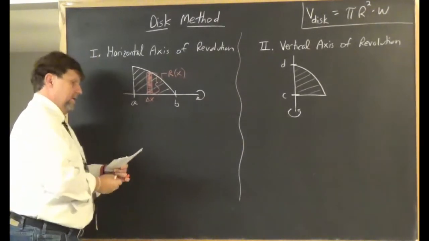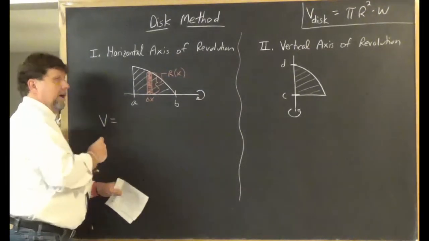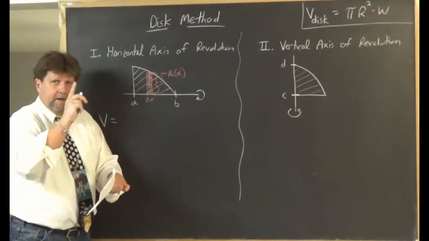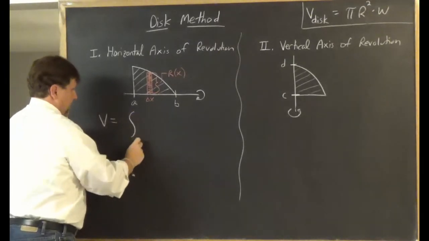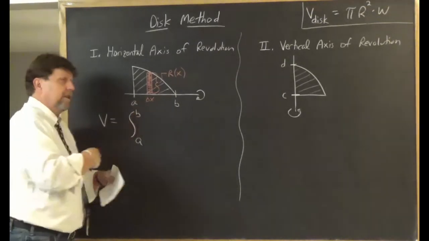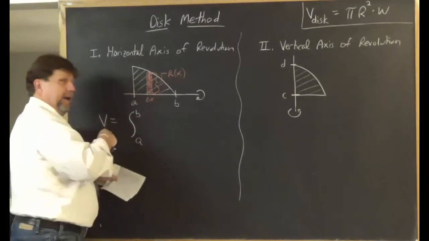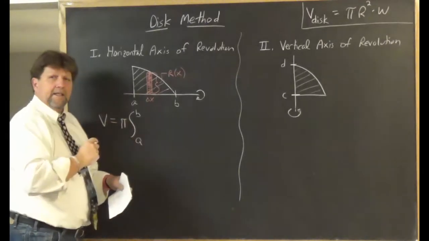So then, the volume. Well, it's pi r squared. One disk, it's pi r squared times W. Here, it's the integral from a to b. Limit of a sum, we're adding them all up. Integral from a to b. Let me put the pi out front since it's a constant.